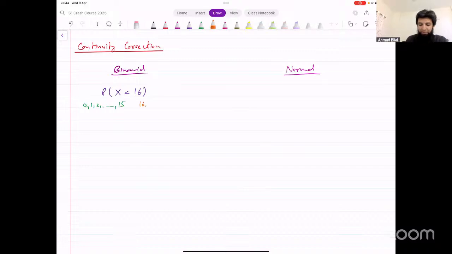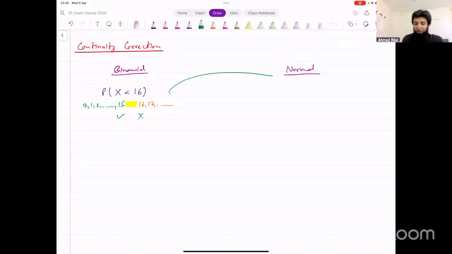And 16, 17, and all the way up to infinity should not be included, right? The region in the middle, that's ambiguous. Should we include that or should we not include that? Because less than 16 is basically telling us that 15 has to be included. In binomial distribution, 15 has to be included and 16 does not have to be included.